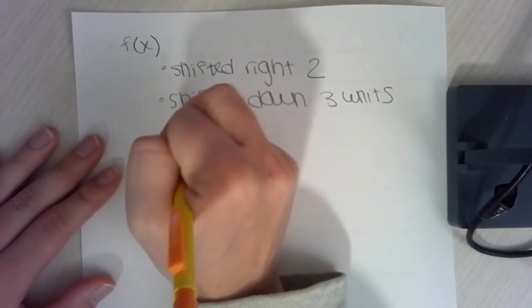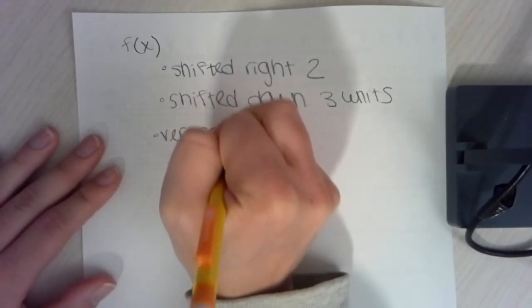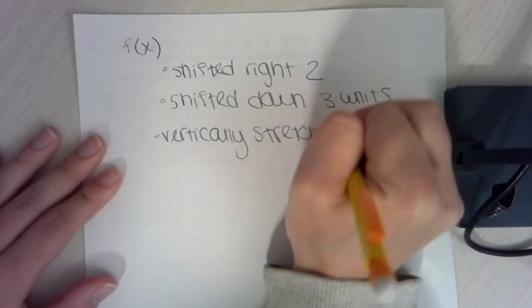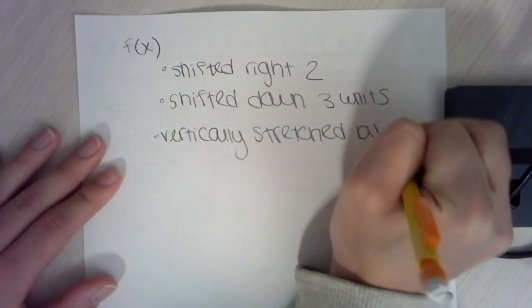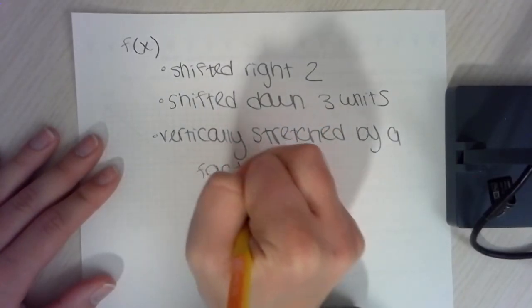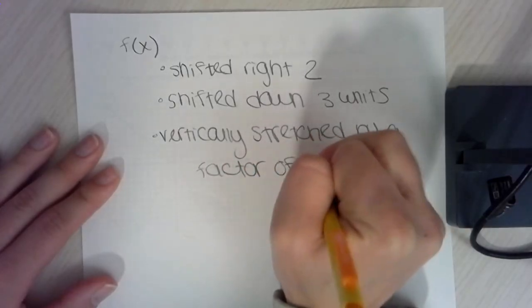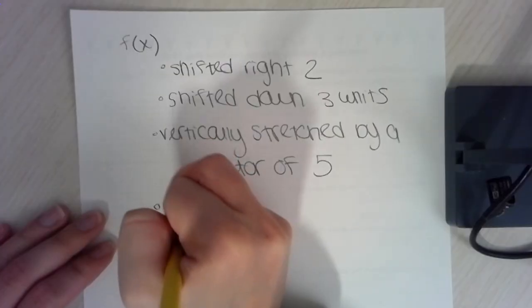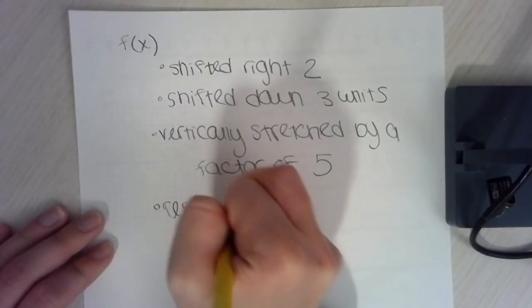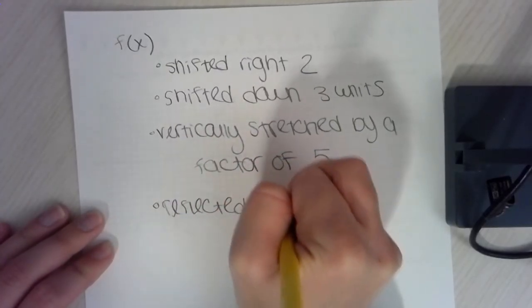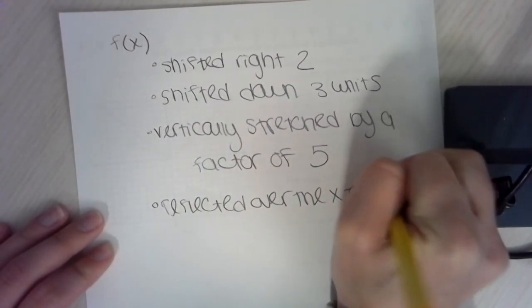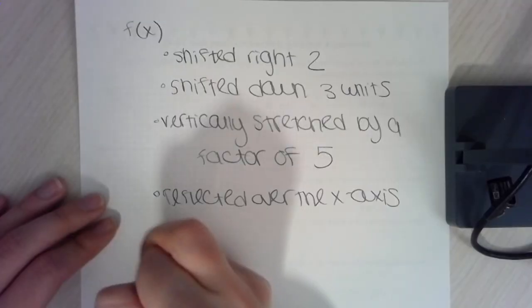It was vertically stretched by a factor of 5, and let's say it was reflected over the x-axis, and it became function g of x.